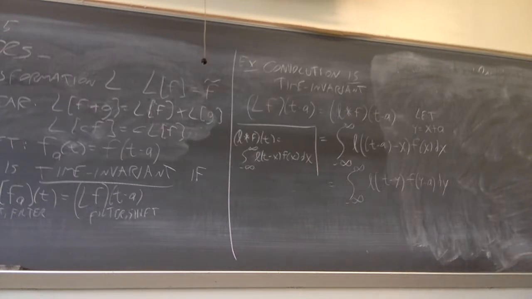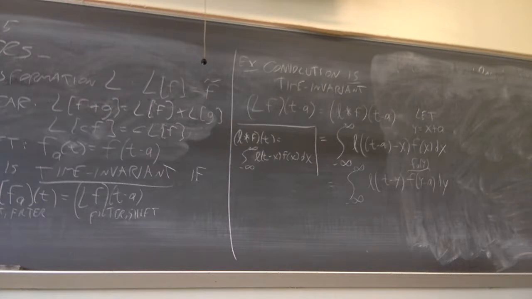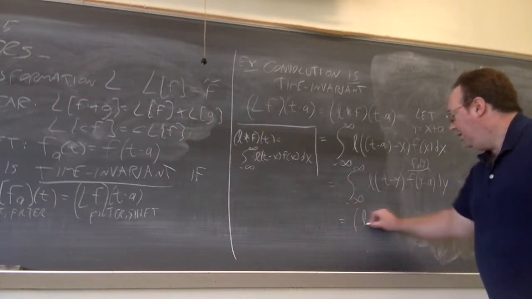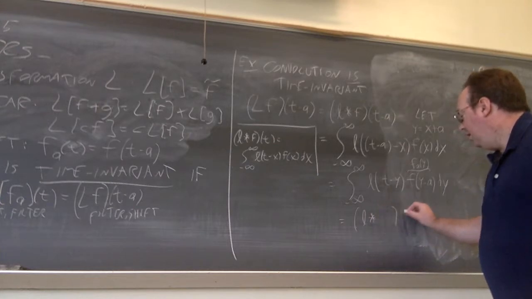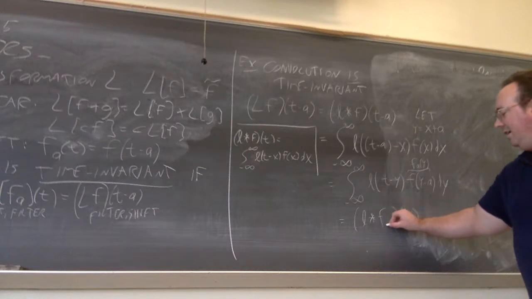But this is a shift of f. So this is the same as f_a of y. So if I compare this to this, that's just a plain old convolution evaluated at t, but not of f, but of f_a.